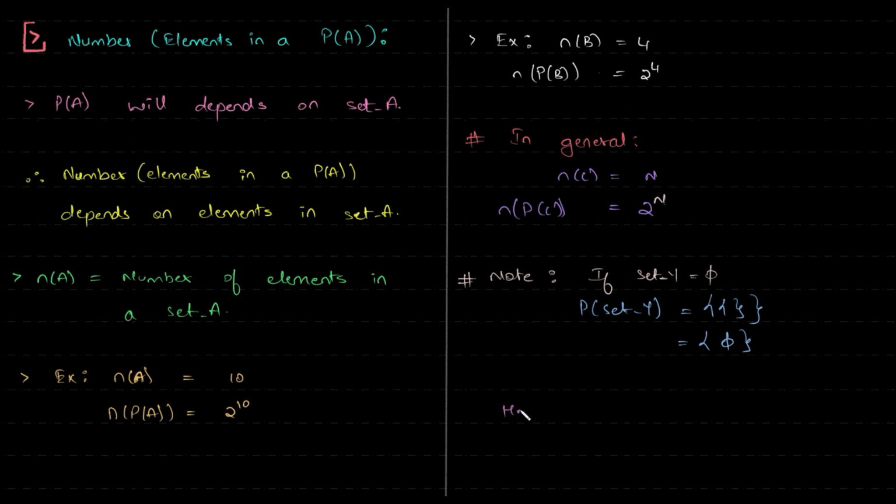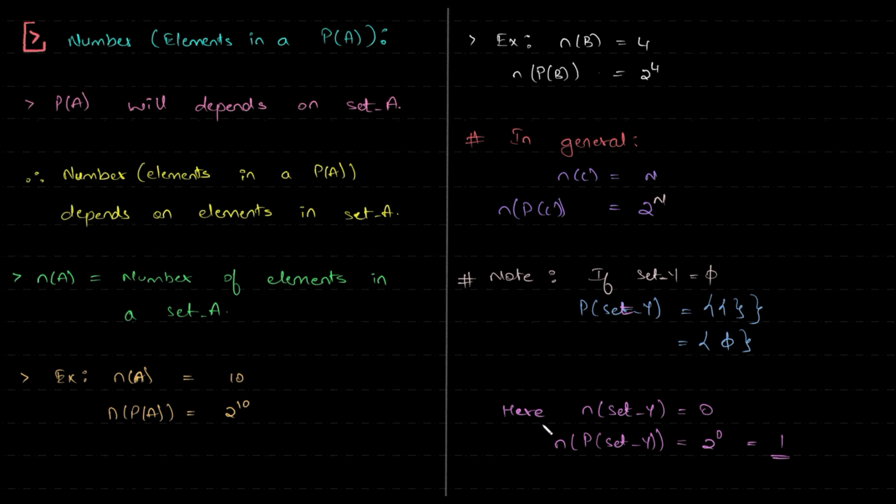So here the number of elements in Y is equal to 0. You guys agree? So the number of elements in the power set of Y will be equal to 2 to the power of 0, which is nothing but 1. There are 0 elements in this set, sorry, in set Y. The power set of that set will have 1 element, right?